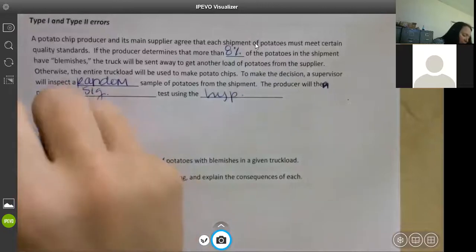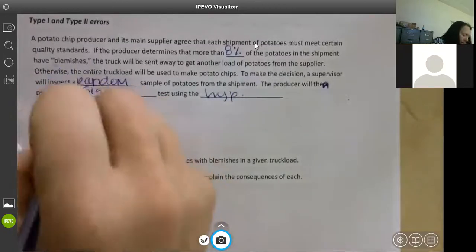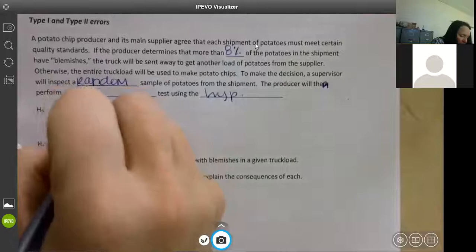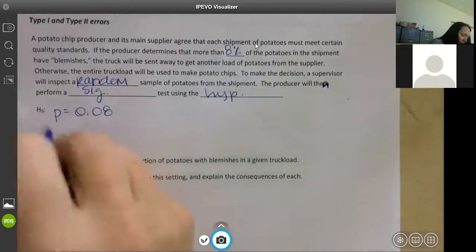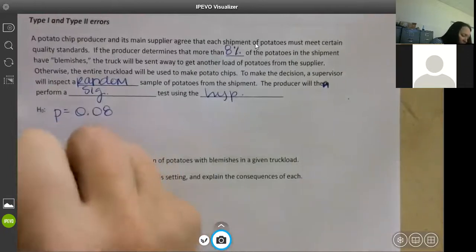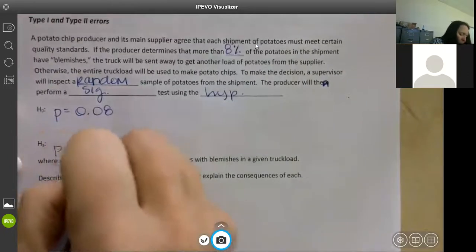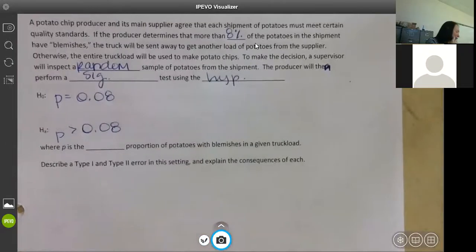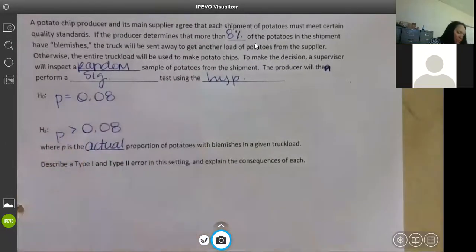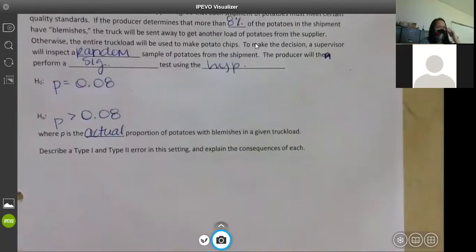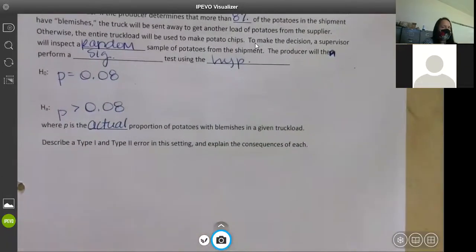Here are the two. We want our proportion to be 8%. We send them away when it's greater than 8%, where P is the actual proportion of potatoes with blemishes in a given truckload. Describe a type 1 and type 2 error.